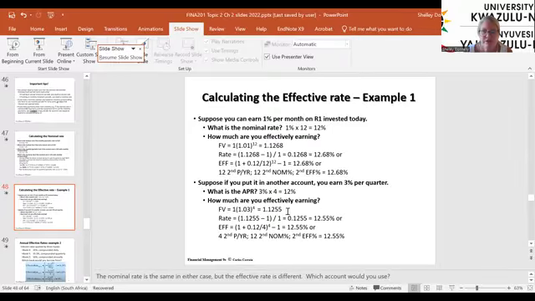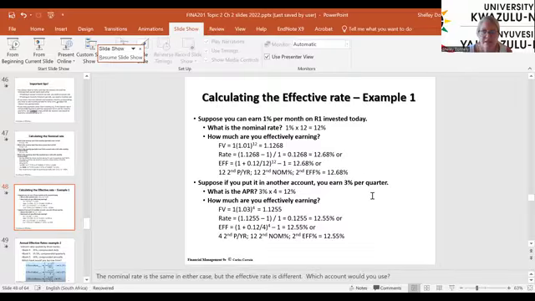You can use the future value to work it out, or you can use the formula, or you can use the financial calculator, which is far quicker. The point being that in both cases, the nominal rate was 12%. But the effective rate was different because of the number of times interest was compounding.